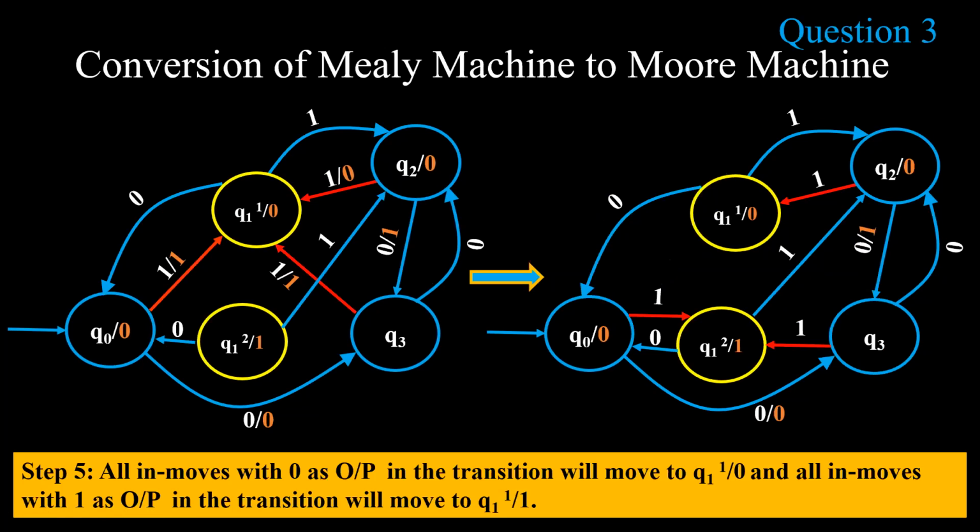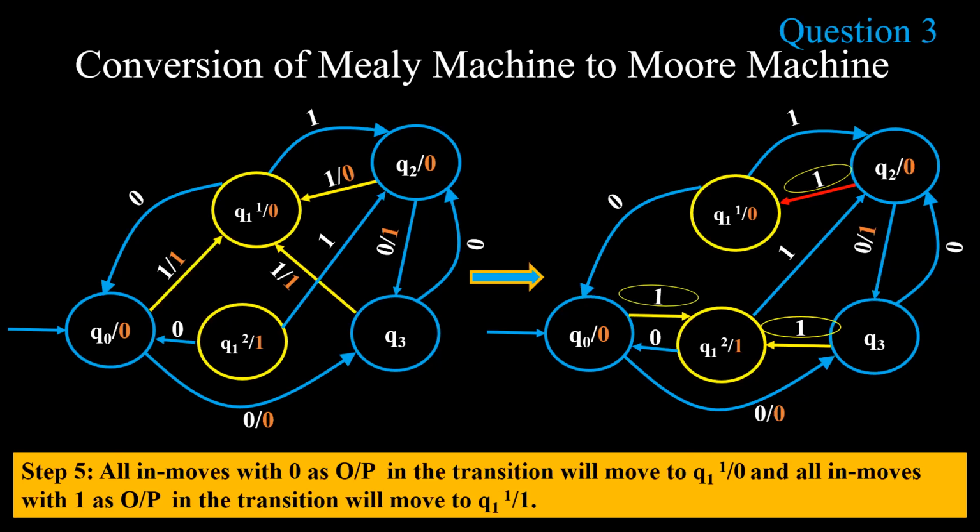So this is how it will happen. Just see this. Now we are converting this into Moore. Output 0 moves towards 0. The inputs which had output 1 will move towards 1. So we have completed Q1 split.